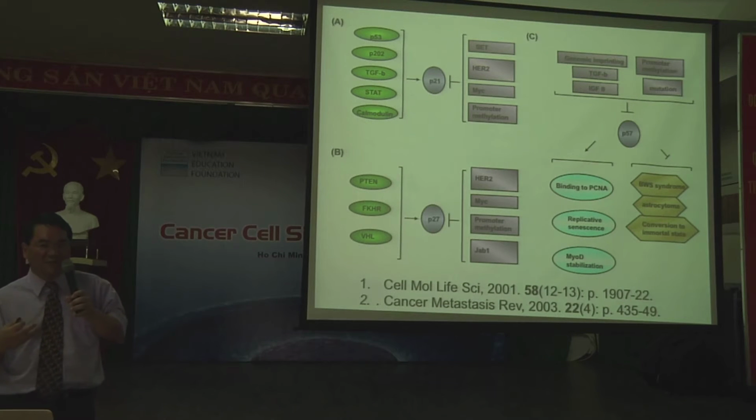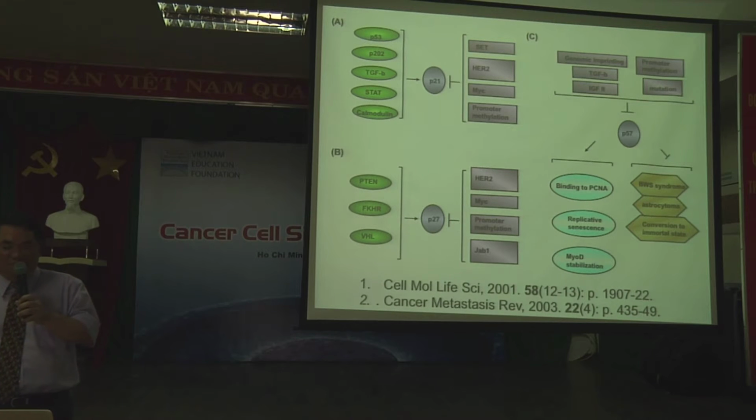HER2 stands for human epidermal growth factor receptor type 2. It is a very important receptor tyrosine kinase, and it is able to suppress P21 expression. P27 is in a very similar situation, and it is regulated by several important tumor suppressor genes.